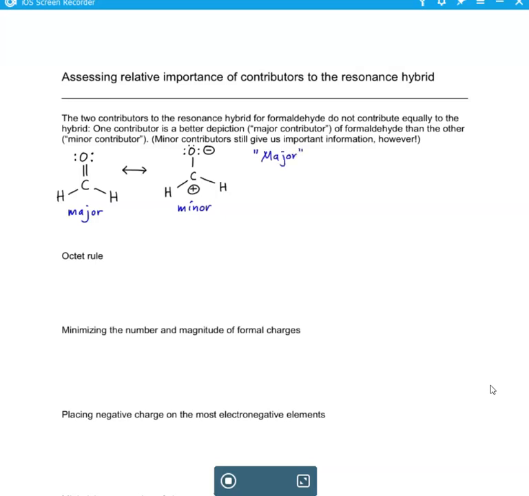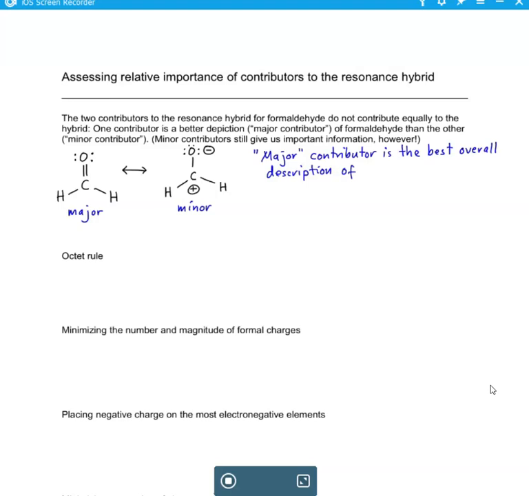So the major contributor is the better overall description of the molecule. So we'll say best in case we have more than 2 contributors, which is frequently the case.